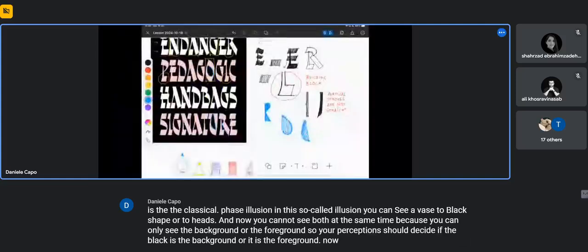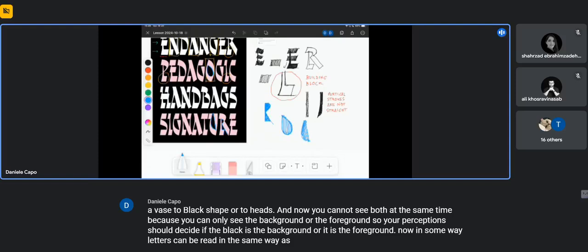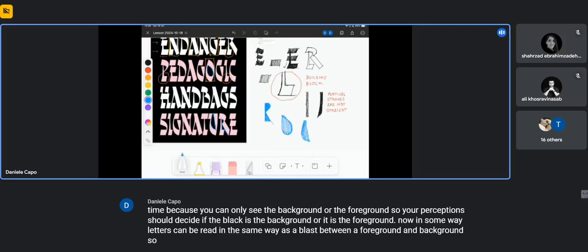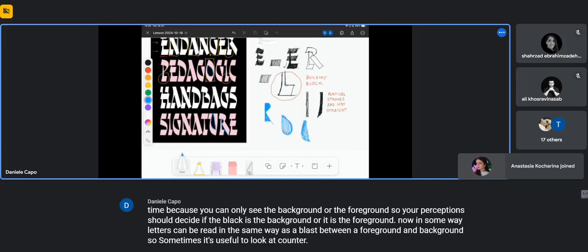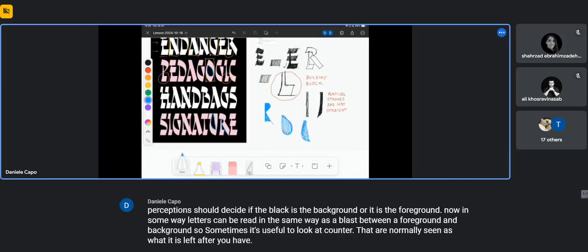Now, in some way, letters can be read in the same way, as a balance between a foreground and a background. So sometimes it's useful to look at counters, which are normally seen as what is left after you have traced your letter, as shapes in themselves.